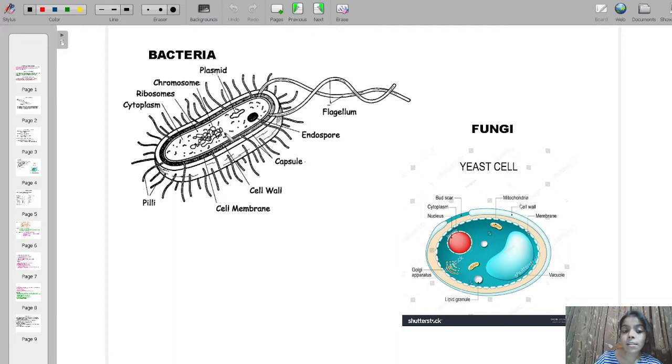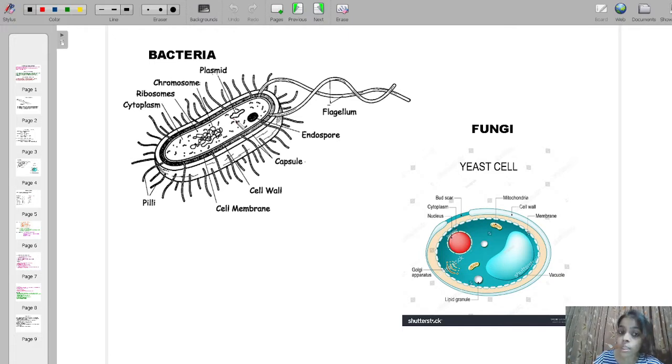Apart from this chromosome, they have one extra chromosomal circular DNA, which is called plasmid. So you see over here, there is a plasmid. Extra chromosomal circular DNA. Why such a name? Over here, extra means outside.